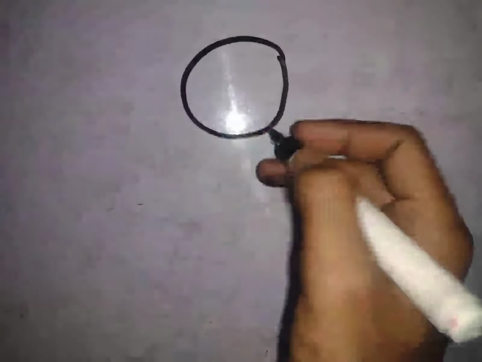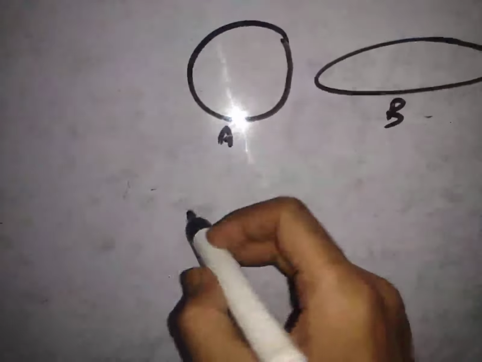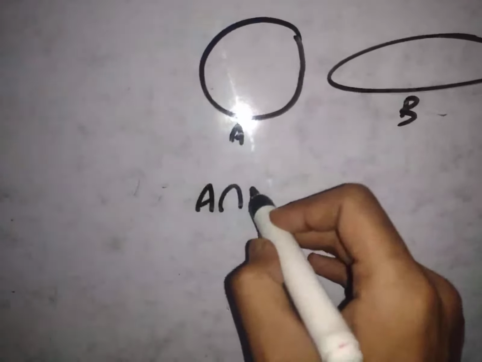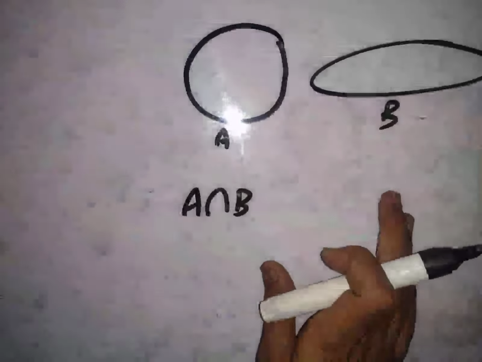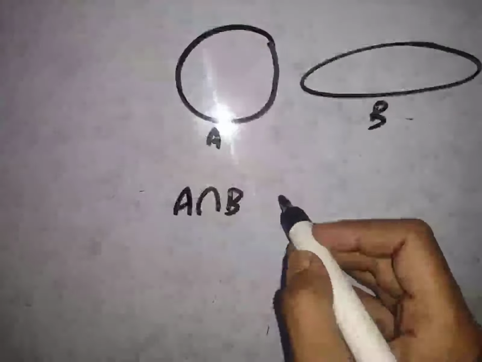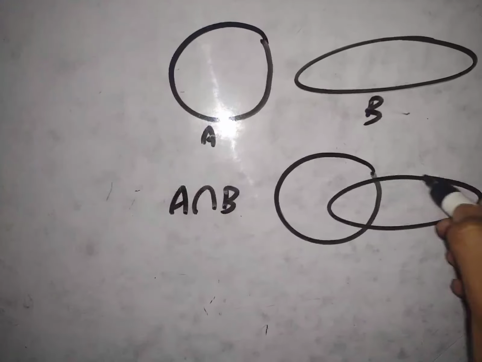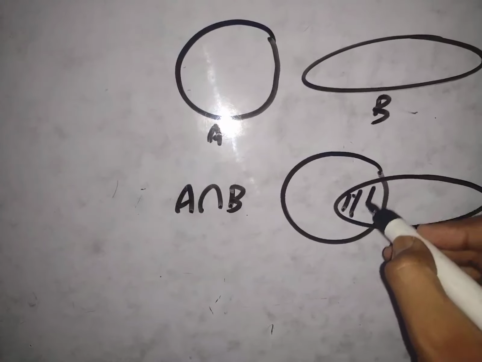Now to represent intersection, we can use a diagram. Let us assume that there is set A, and let us assume that there is set B. Then A intersection B is defined as a set that contains the common part of A and B. This is A and this is B. So A intersection B is this part.